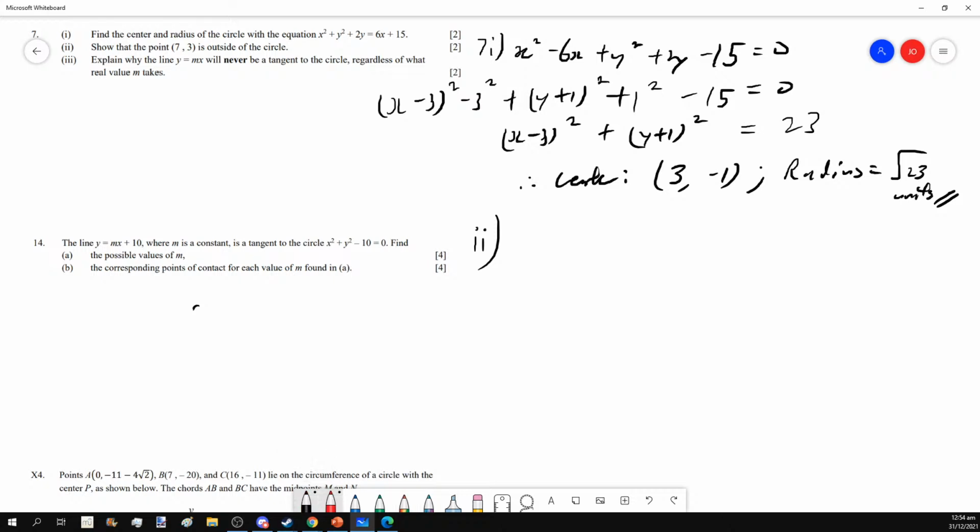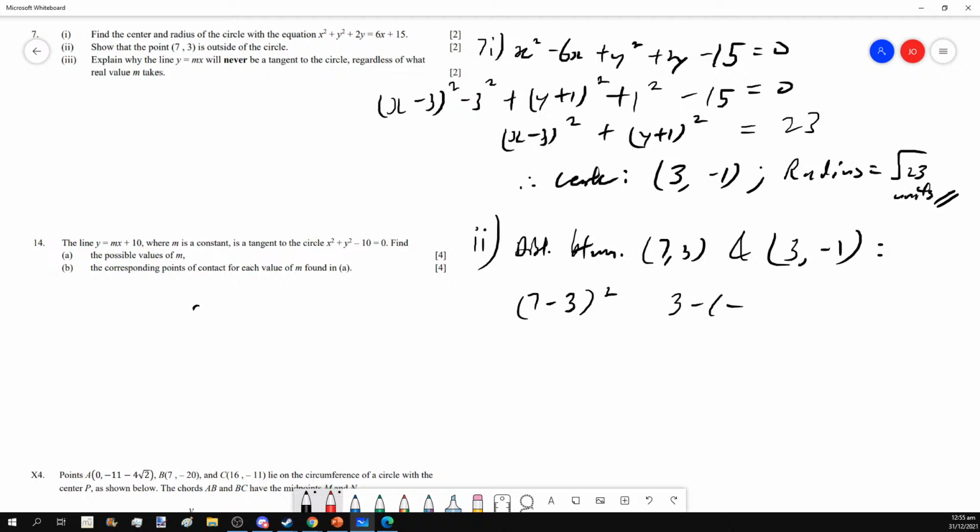So in this case, the distance between (7, 3) and (3, negative 1) will simply be obtained by using Pythagoras theorem. So we'll take x minus x, we will take y minus y, square them both, and apply the square root.